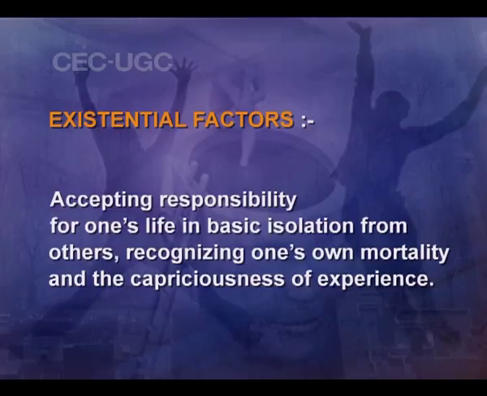Existential factors: accepting responsibility for one's life in basic isolation from others, recognizing one's own mortality and the capriciousness of experience. The members learn how to take responsibility for their own life and the consequences of their decisions.